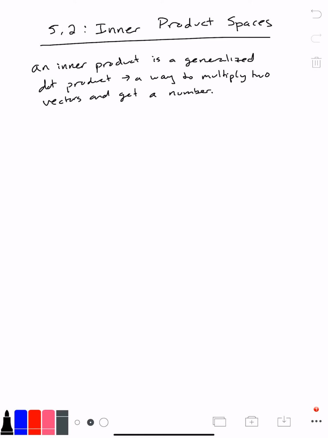Now, because we want to distinguish it from the dot product that we've already seen, we don't want to use the exact same dot product notation, so we're going to use a different notation now. So what we're going to do is write these bracket symbols here. And what this means is the inner product of x and y.